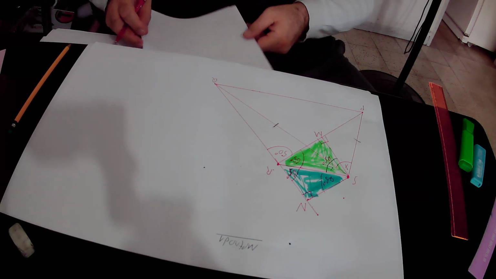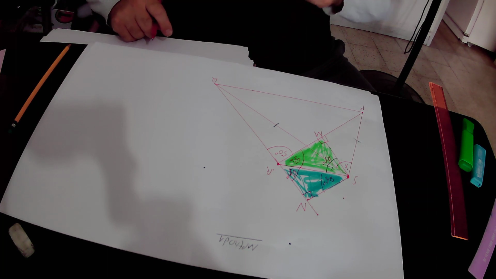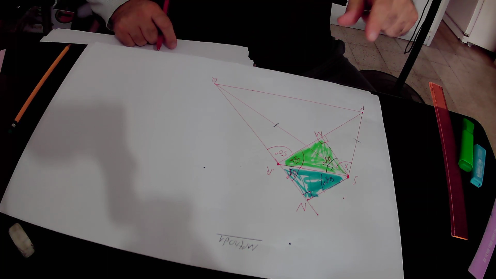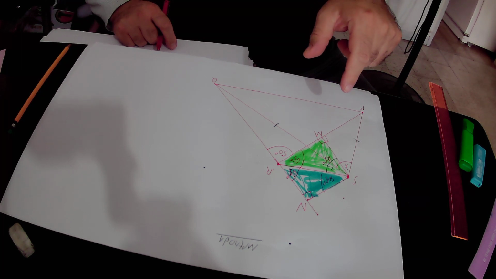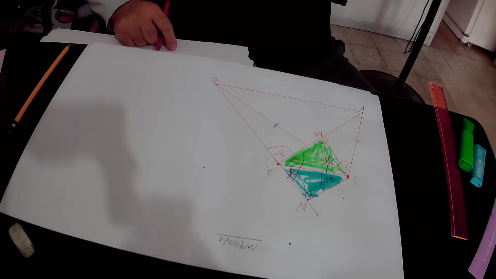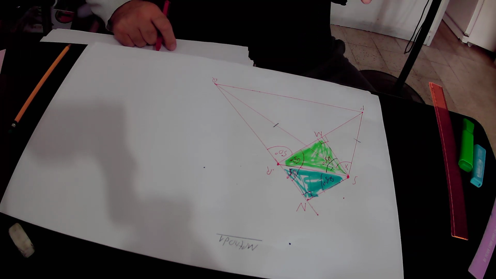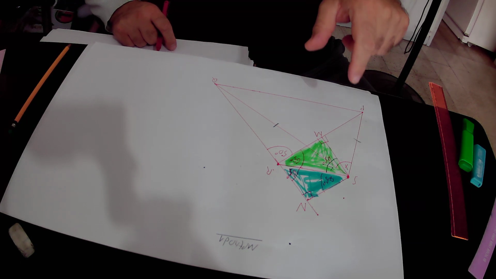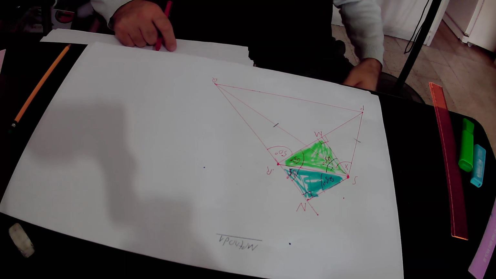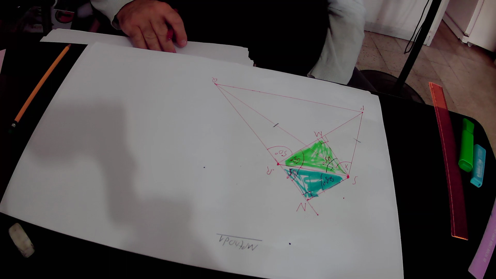Angle side angle rule states that if one triangle has one side and two angles near this side that are equal to one side and two angles that are near this side, then those two triangles are congruent to each other according to angle side angle rule.